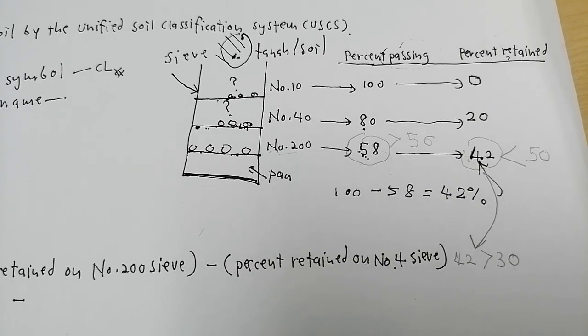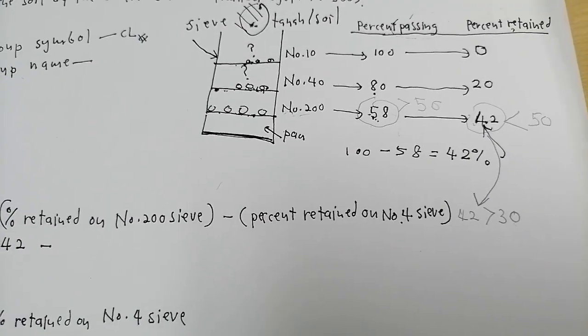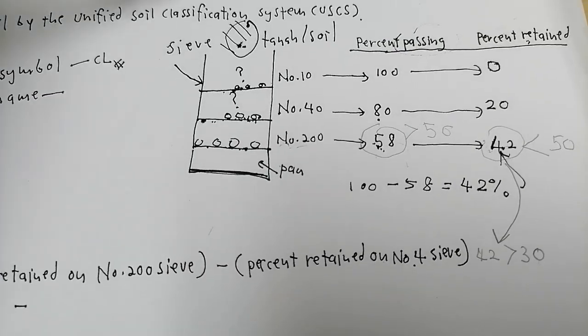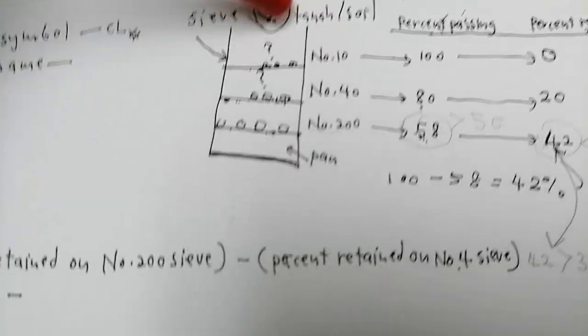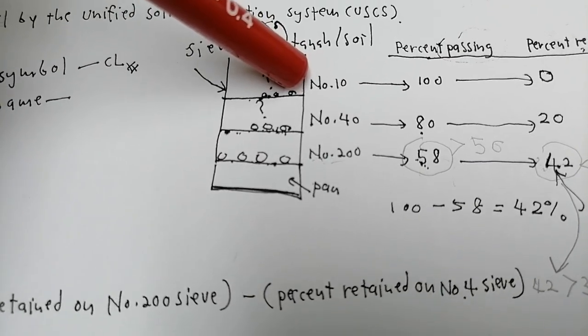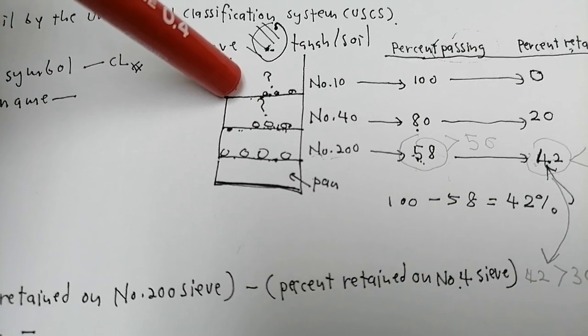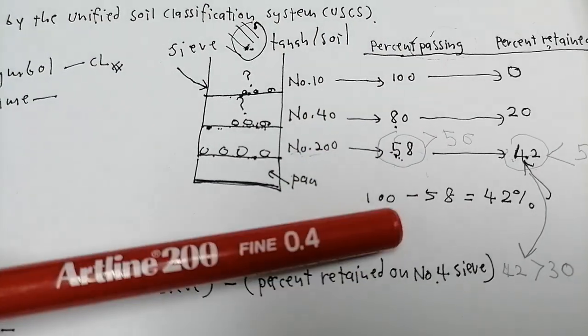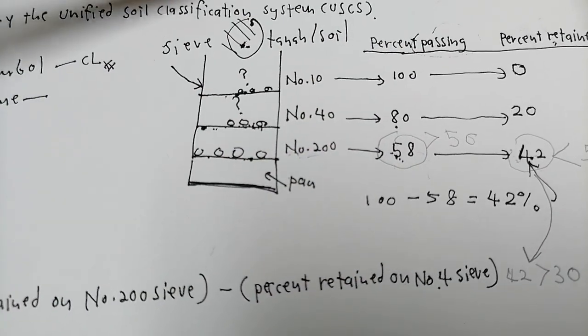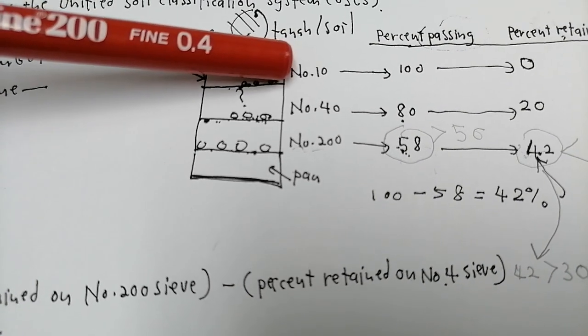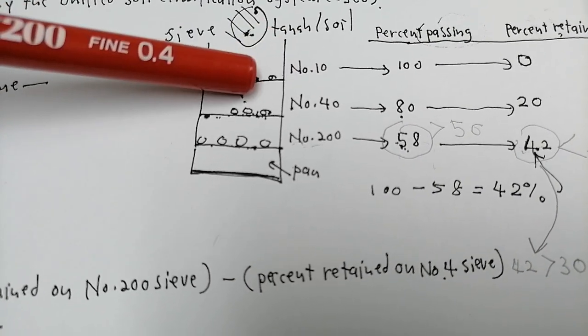So what to do? Okay, jangan gelabah. Okay, as I said just now, the smaller the sieve number, the bigger the opening. So which means, okay, dalam bahasa Melayunya, semakin kecil number sieve ni, semakin besar bukaan dia.